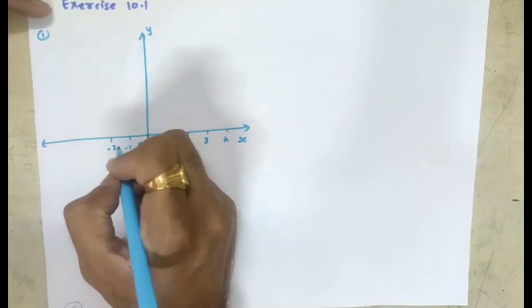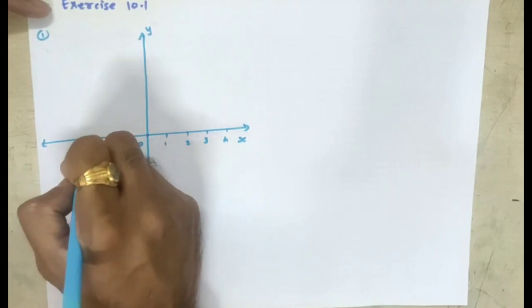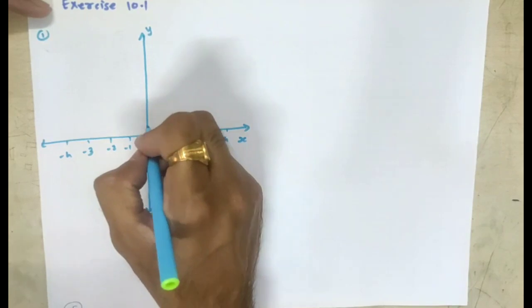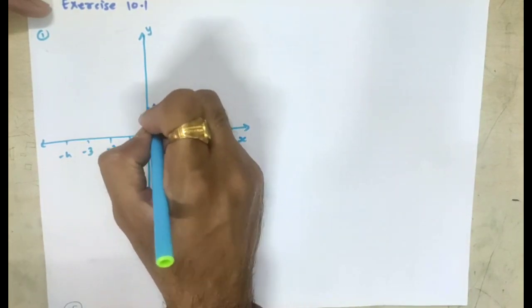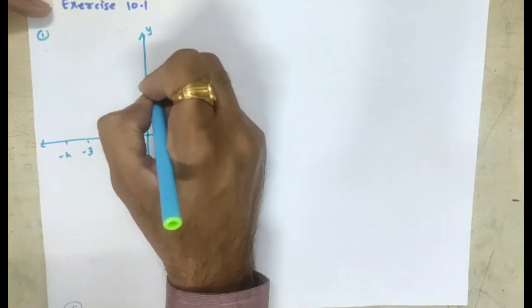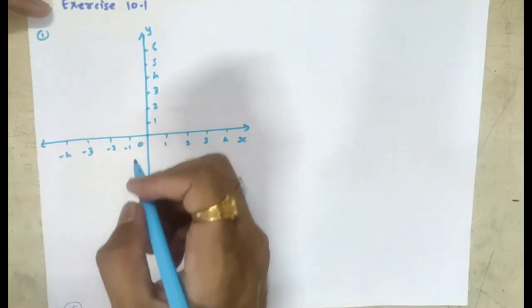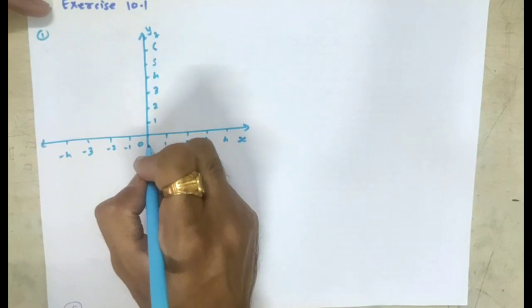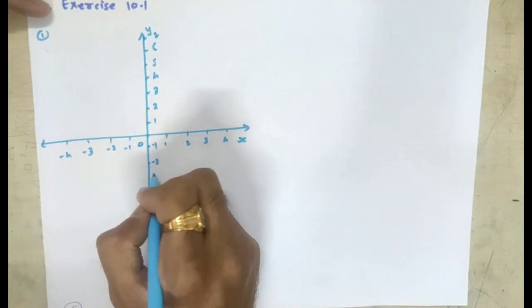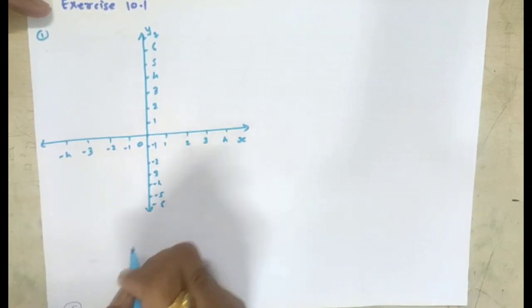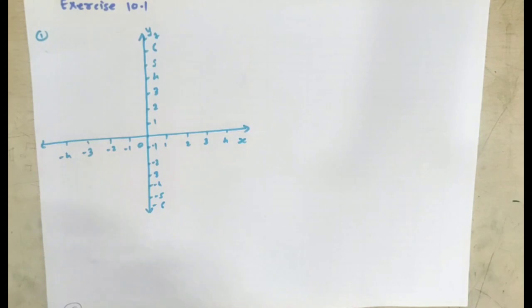Minus 1, minus 2, minus 3, minus 4. 1, 2, 3, 4, 5, 6, and it is going up to 7. Minus 1, minus 2, minus 3, minus 4, minus 5, minus 6. This is our Cartesian system.